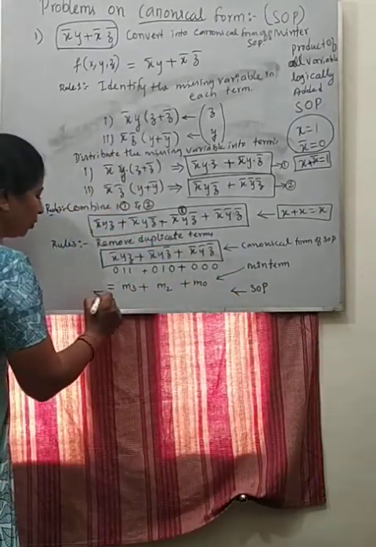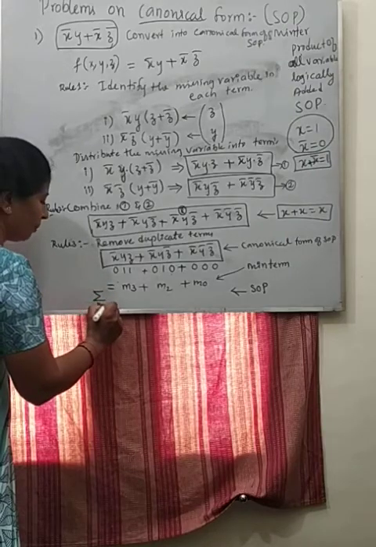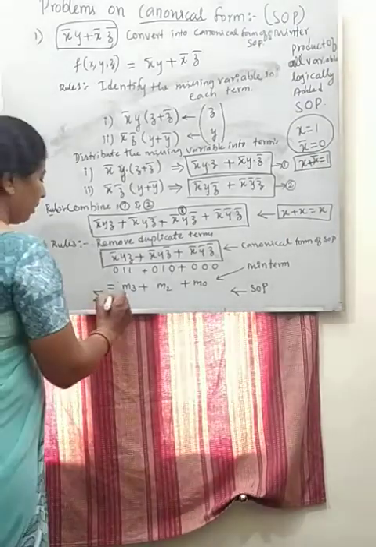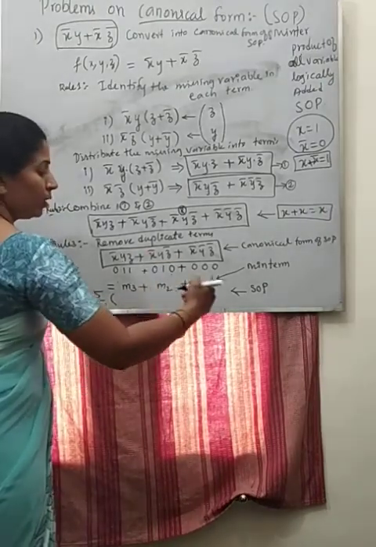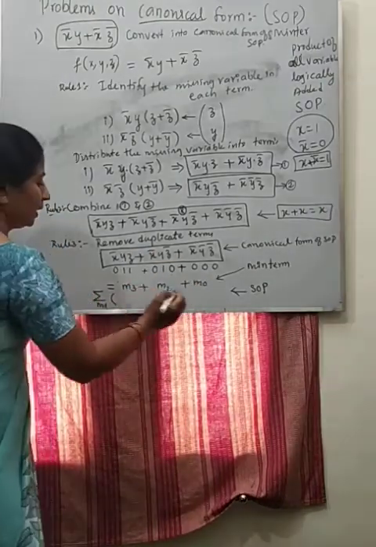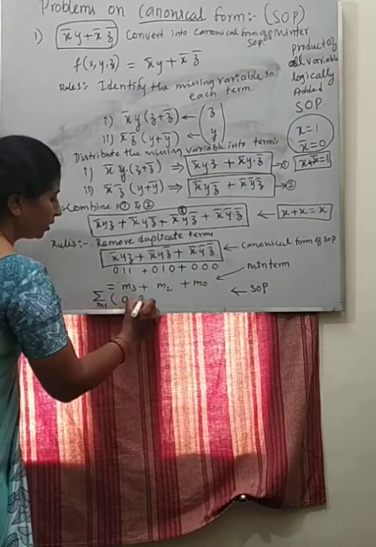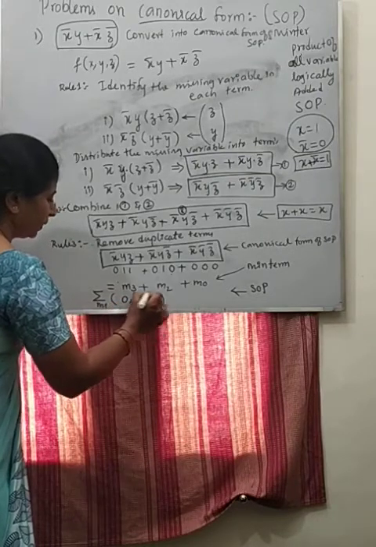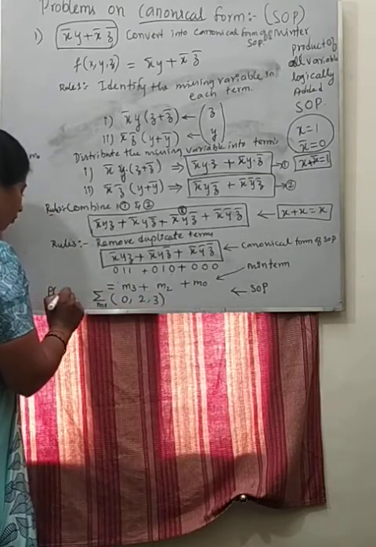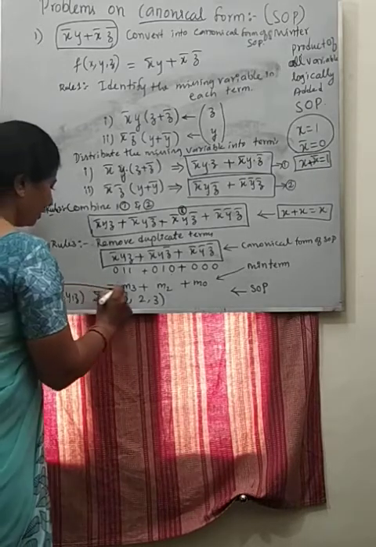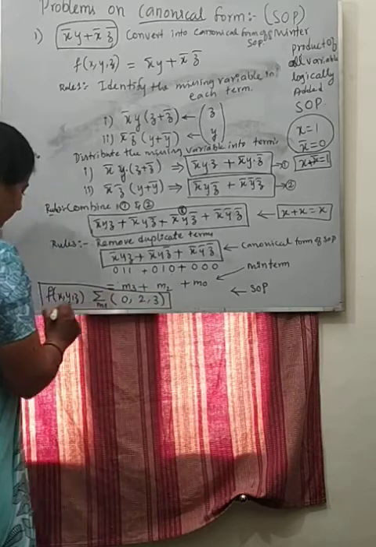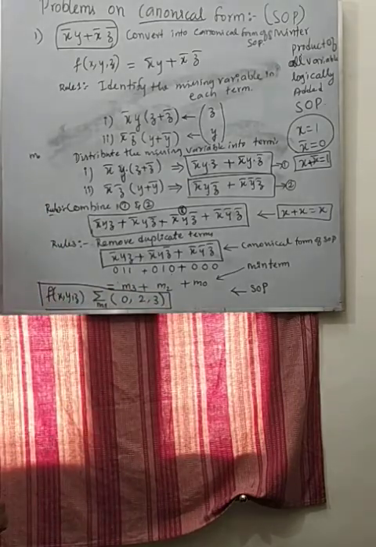How can I write? Do you remember your sigma m? Yes, sigma m of, write according to your numbering format, ascending order, 0 first, 2, 3. This is f of x, y, z written in the SOP form.